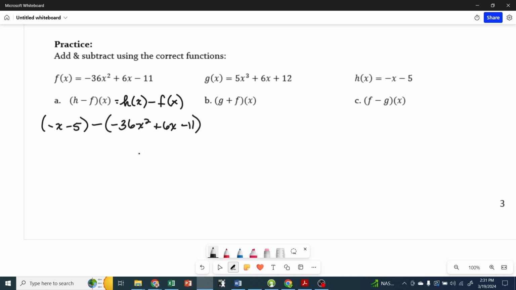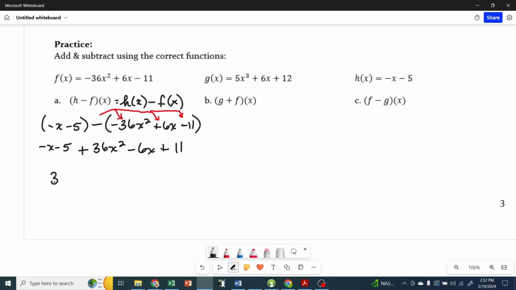So now we could clear our parentheses, negative x minus 5. And then remember, we must distribute the minus sign to each of the terms in the parentheses. So this becomes plus 36x squared minus 6x plus 11. So now we can combine like terms and write in descending order.